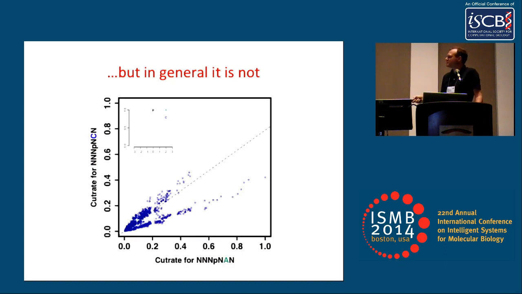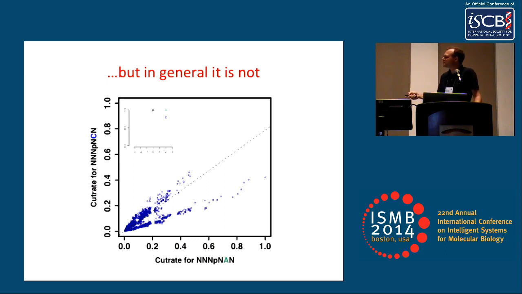But if we go to another position, say the second downstream position, and we consider changes from an A to a C at that position, suddenly there are 2 subsets of points. There are points that lie on the line with the slope of 1 that are insensitive to this mutation. They don't care about going A to C at +2.